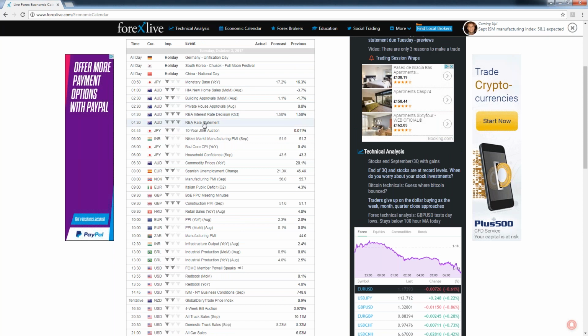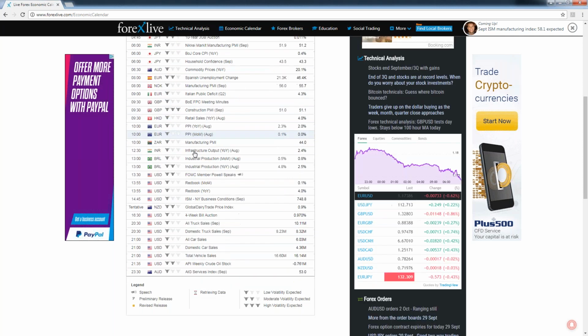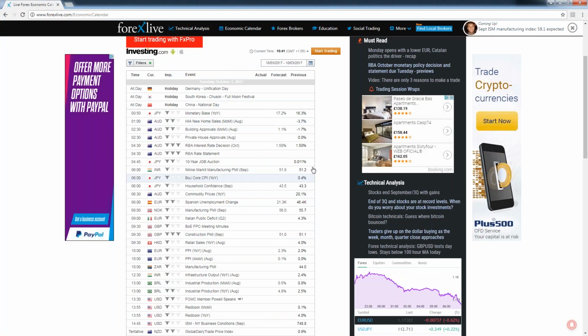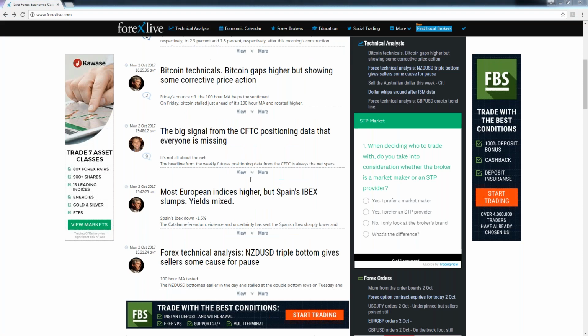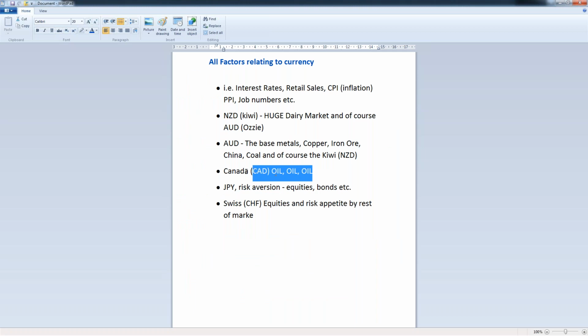So quite a big deal tomorrow morning, early hours of this morning, 5:30 I believe that is, and the rate statement as well. So quite a big deal. Obviously, China national holiday, that doesn't matter. But nothing oil related. Again, no big deal if it was. Just always be aware, if you're trading, anything Aussie related. I'm sorry, Canadian related for your CAD. Okay, that's covered there with Canada and the oil.